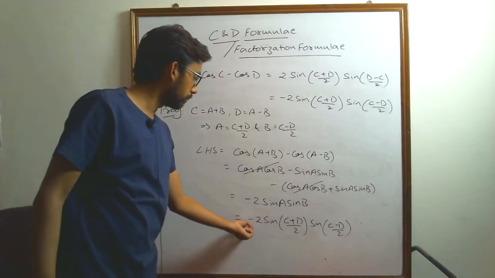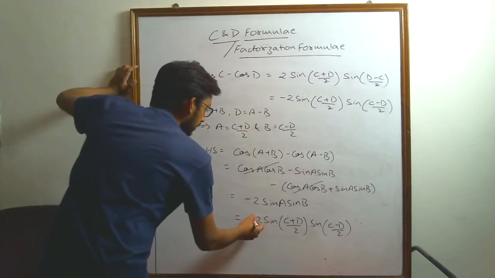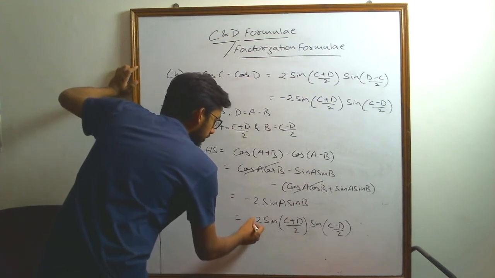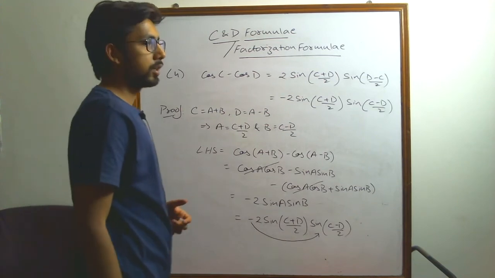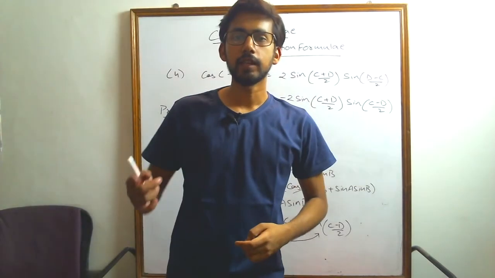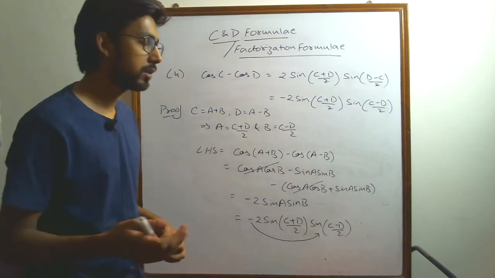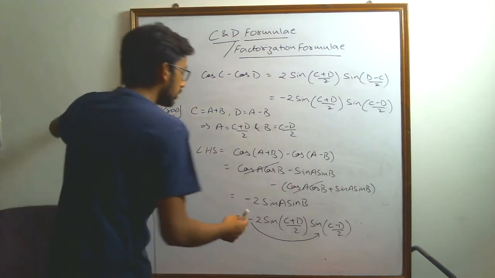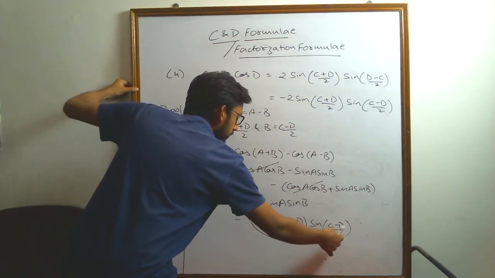But if we do not want this minus sign, we will adjust it in this angle. How can we do that? You should remember that minus of sine theta is equal to sine of minus theta, right? We can use that identity both ways. So minus of sine of this angle is the same as sine of minus of this angle.